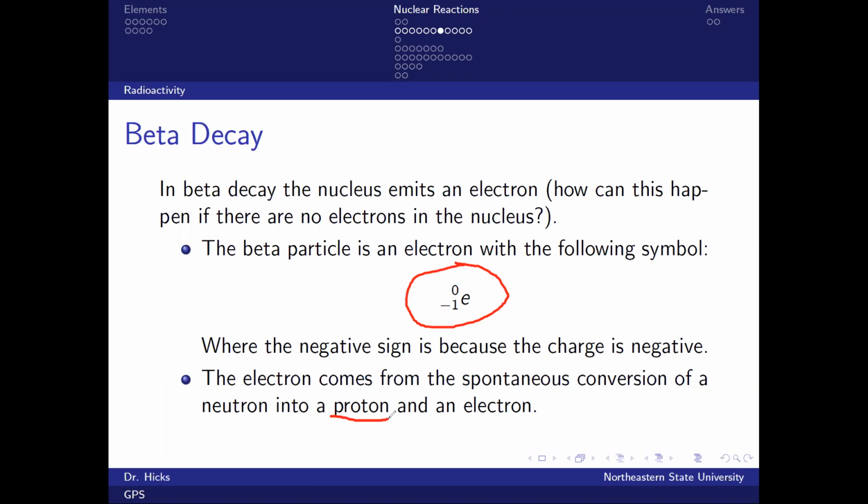So by adding a proton, we have altered the atomic number, and to keep everything balanced out, we have to put a -1 here to counteract the addition of this extra proton. Since this beta particle is just an electron, it has no neutrons, so its atomic mass is 0. Right? It's a weird particle, but it does not break any of the rules for how we name things. We just have to have these weird numbers to make sure everything balances out.